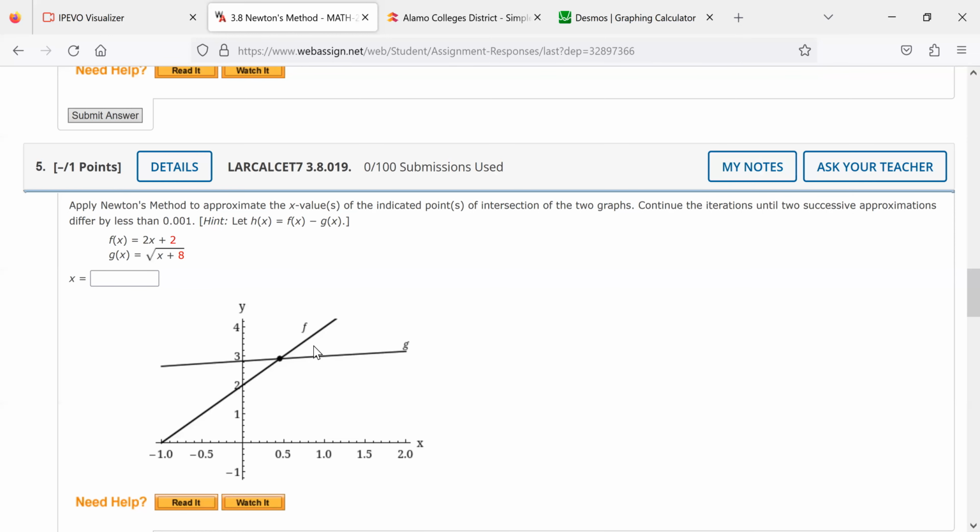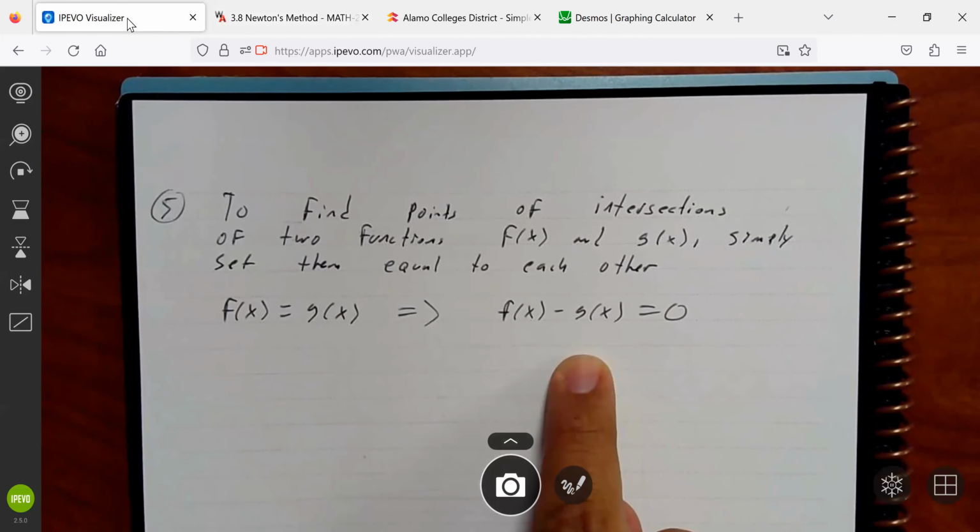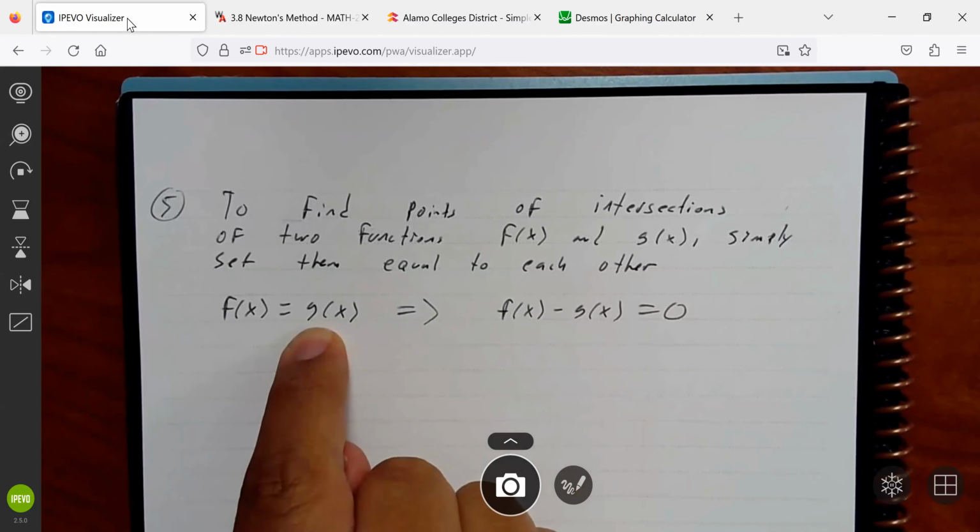So what they're doing right here is they're saying, well, if I want to find an intersection point, that happens when they're equal. So create a new function, which is the difference of these two, and find out when that's 0, which means you can apply Newton's method. So Newton's method can be used indirectly to find an intersection point, because Newton's method finds zeros, but this zero implies an intersection.